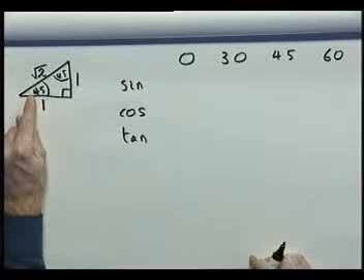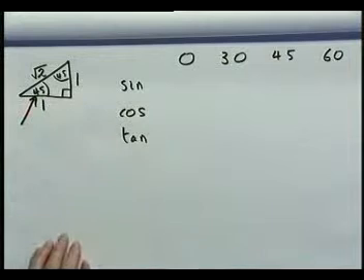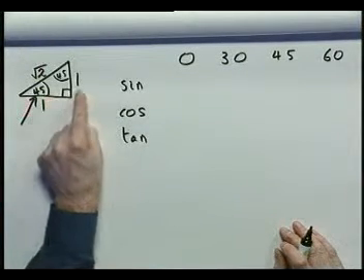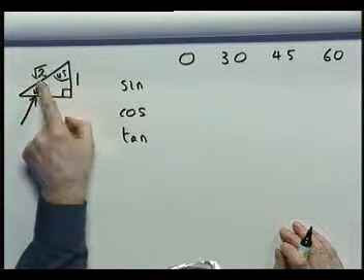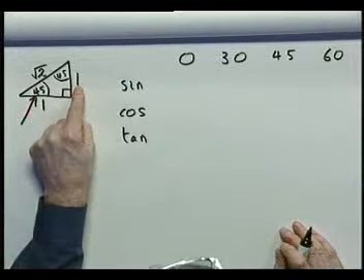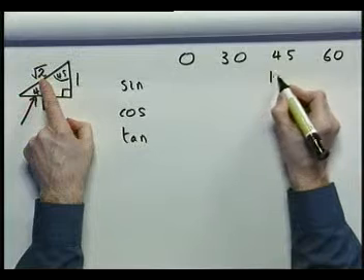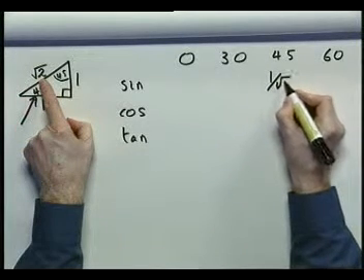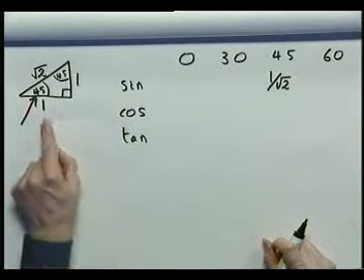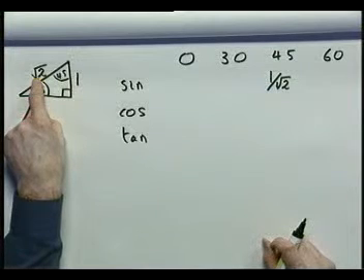Let's concentrate on this angle. This is the angle we're going to concentrate on, that 45 degrees. The sine of 45 is opposite over hypotenuse. And so that's the opposite is 1 over the hypotenuse is root 2. So that is 1 over root 2. The cosine is the adjacent over the hypotenuse.